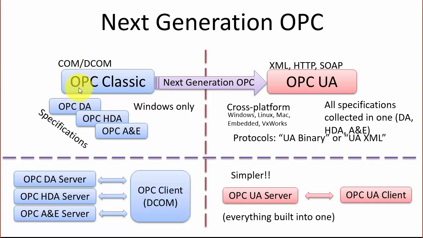Because the classic OPC is based on COM and DCOM. Another thing, in OPC Classic, you typically may need more than one OPC server, or at least one OPC server that supports different standards like this. While in the OPC UA, all these standards are defined within the same standard like this.